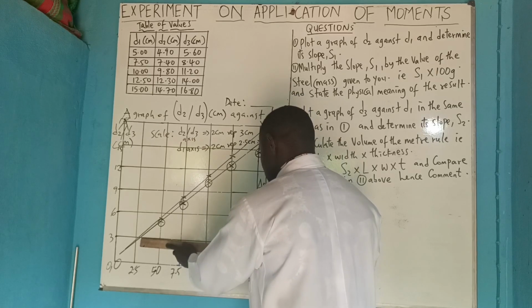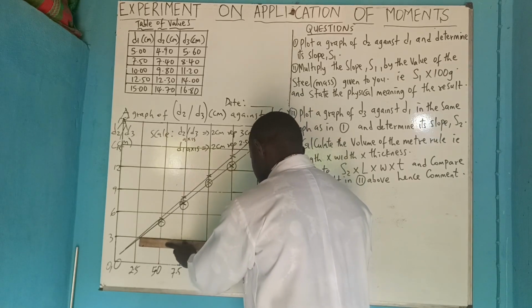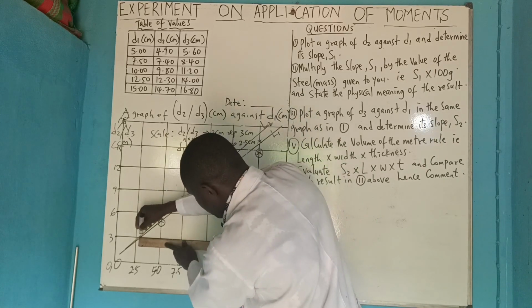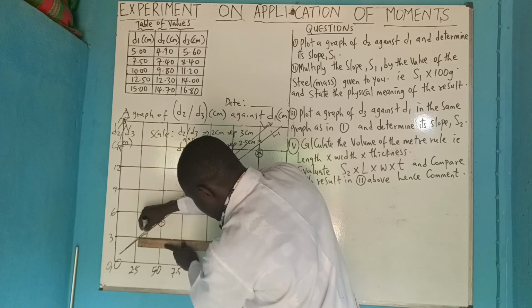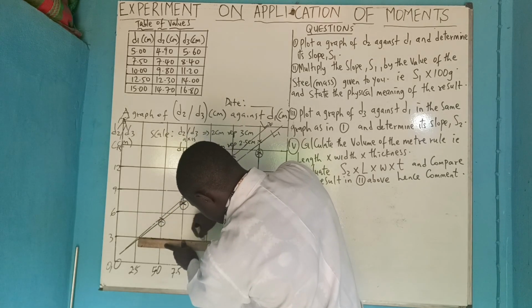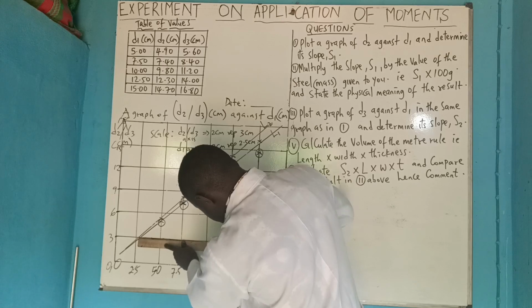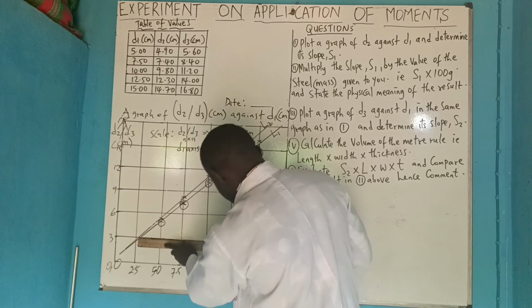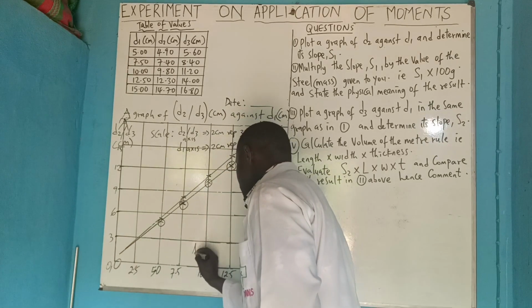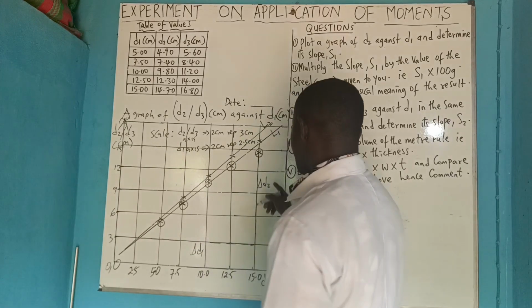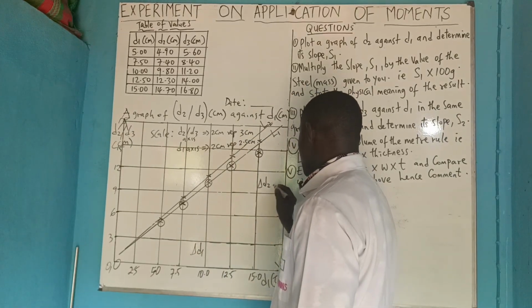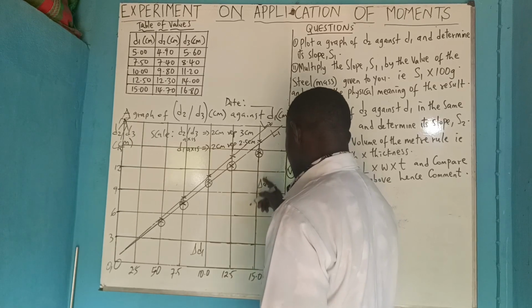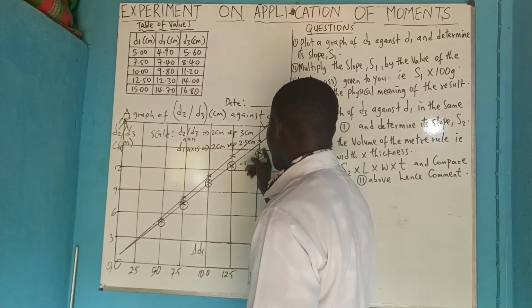Then this one, we also put for this, the change in D1.